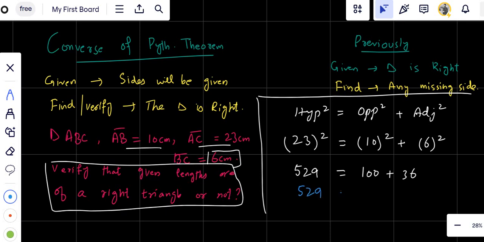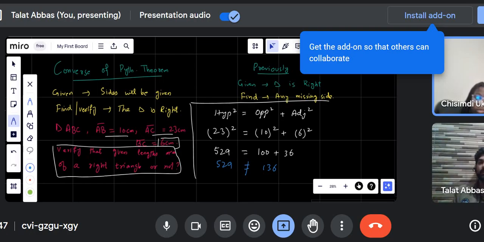So is it true that 529 is equal to 136? It is not. So 529 is not equal to 136. It means these lengths do not satisfy Pythagoras theorem. If these lengths do not satisfy Pythagoras theorem, it means these are not the lengths of a right triangle.